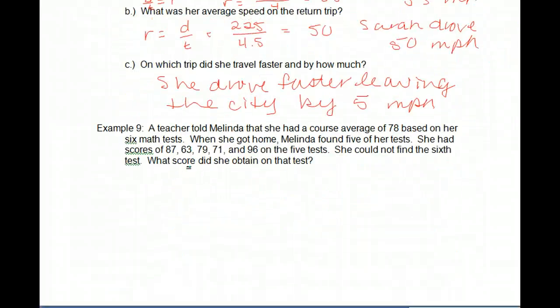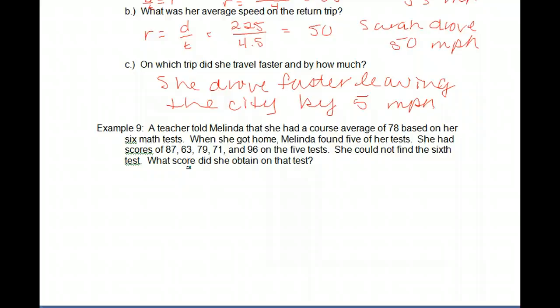Okay, our last example here is example 9. And this example is actually a very common algebra problem, and you will see this type of problem again, I can promise that. This one says that a teacher told Melinda that she had a course average of 78 based on 6 math tests.